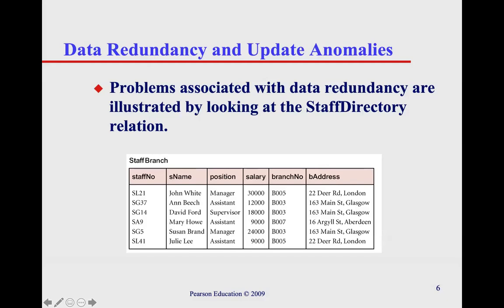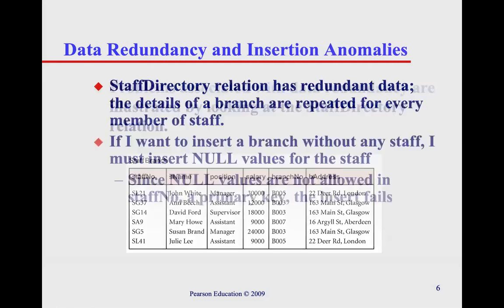The descriptive attribute branch address was linked to another attribute so that when you change that other attribute, it needed to change as well. So that was kind of another kind of duplication that was going on. So normalization is going to attempt to put those descriptive attributes in just one place.